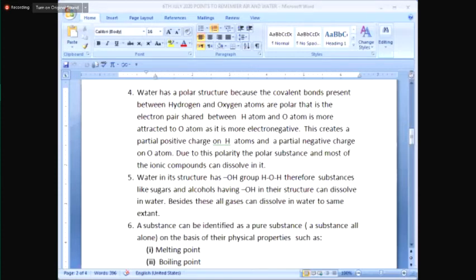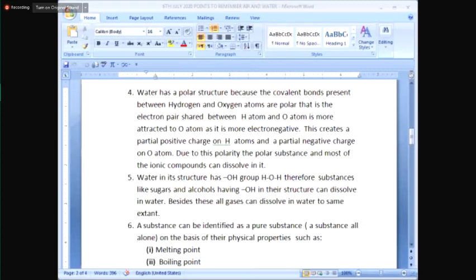So there are two main reasons for substances to be more soluble in water, making water a universal solvent. Other than that, gases, especially those which ionize in water, like ammonia and HCl, break down into ions and are highly soluble in water.